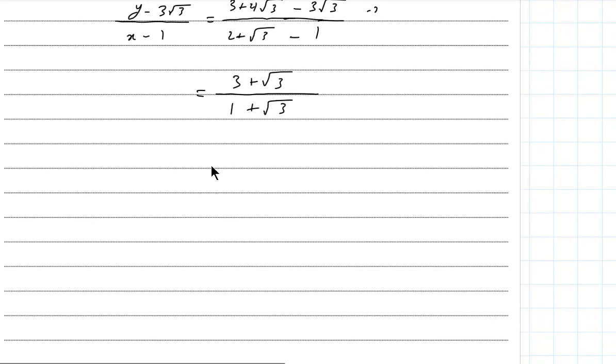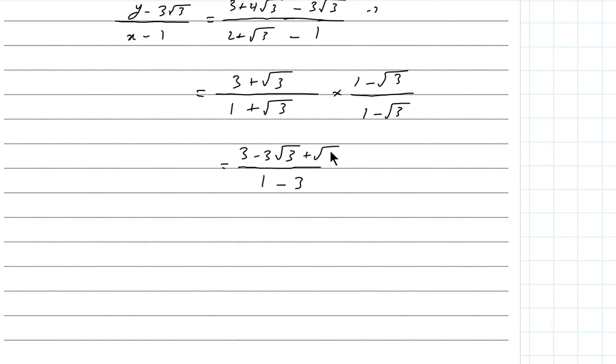Let's rationalize this fraction. I will multiply both numerator and denominator by 1 minus root 3. In this case, the denominator should be 1 minus 3. And for the numerator, we multiply 3 times 1, 3. 3 times negative root 3 would be minus 3 root 3.